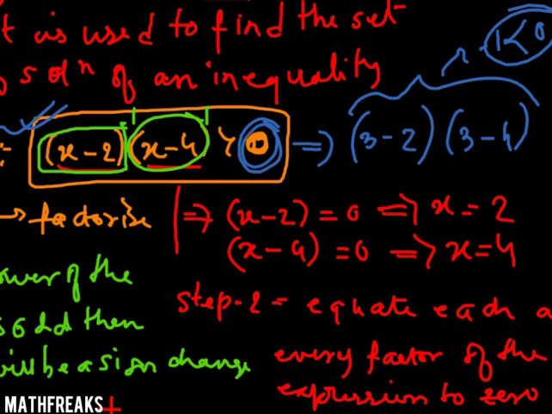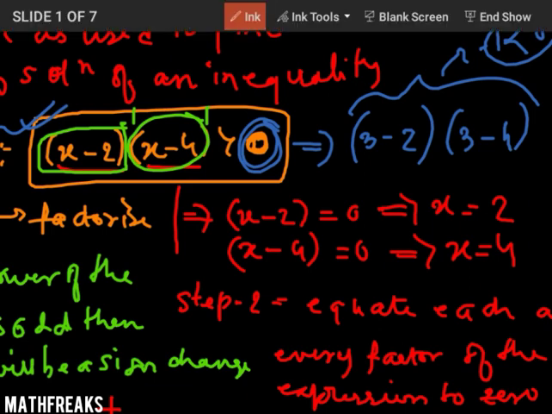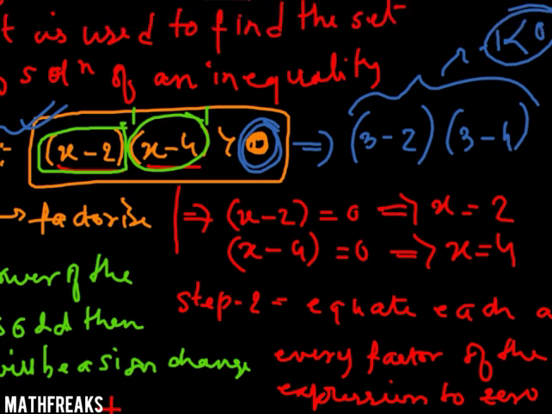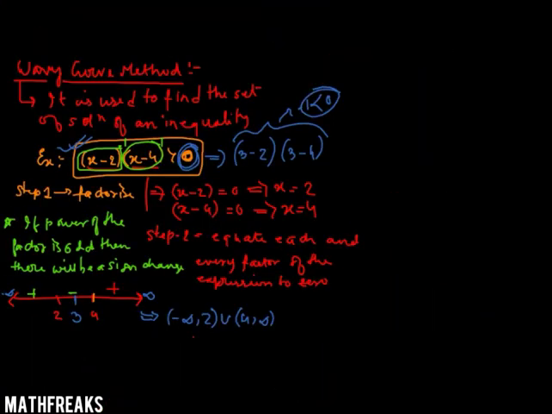If you put the value of x as 2, the whole expression comes to be 0, but the expression has to be greater than 0. It cannot be equal to 0. That's why it is not included in the set of solution. Similarly, 4 is also not included. If you put x as 4, again the expression comes to be 0. I hope that you were able to understand why we did not include 2 and 4.